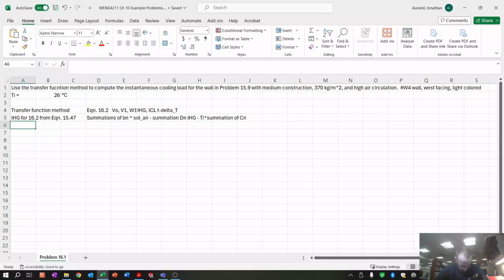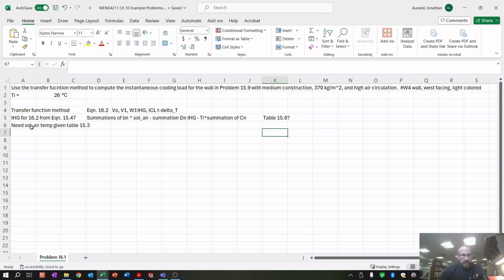So we'll look those up in a minute. So we need the solar air temperature. That's given in table 15.3, and those other equations or figures are given in I think that's 15.8 if I'm not mistaken. We'll look that up as we go.